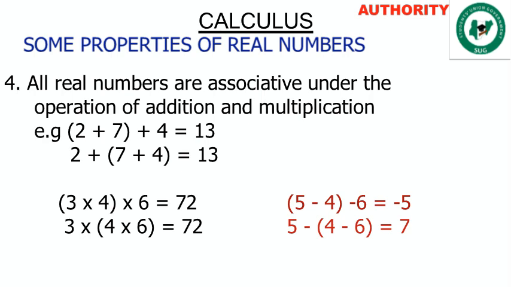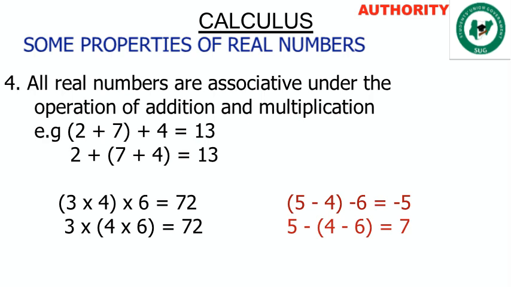Now let's change the bracket. If you change the bracket, you have 5 minus, you open bracket, 4 minus 6. Now let's perform the operation in bracket. 4 minus 6 will give you what? Minus 2, in bracket. Now say 5 minus minus 2. Minus times minus will give you what?